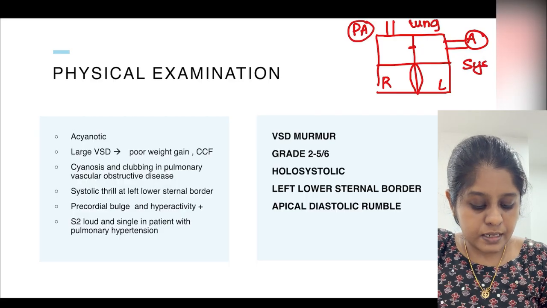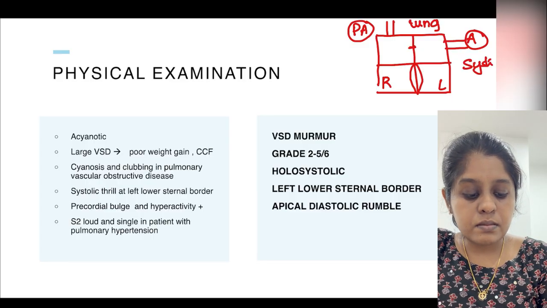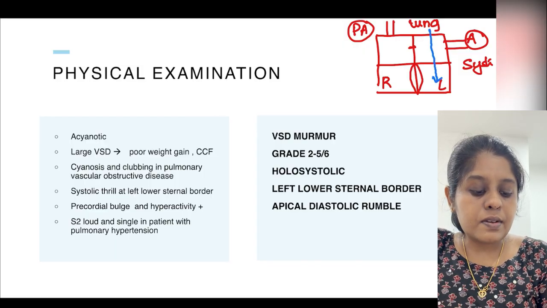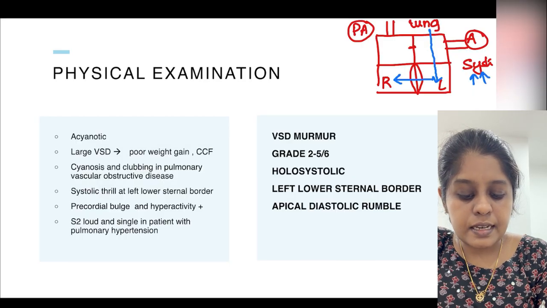So what happens here is, whenever the blood comes from the pulmonary vein into the left atrium and then to the left ventricle, because the systemic vascular resistance is very high, the blood will shunt from the left to right. So what you can see here is a left to right shunt.